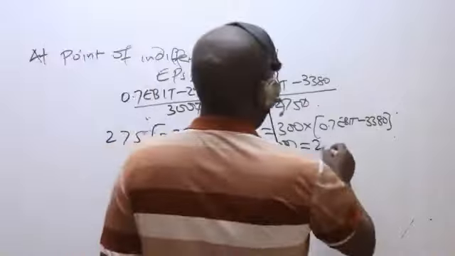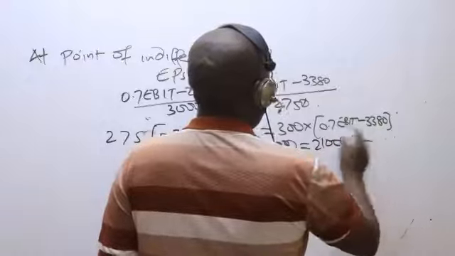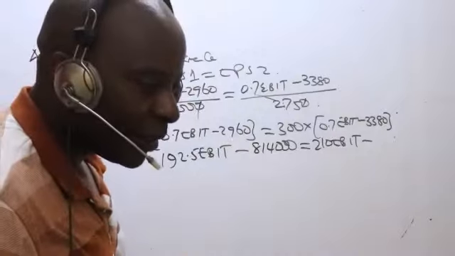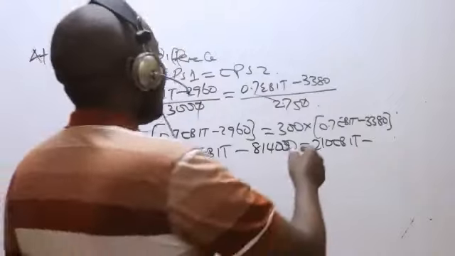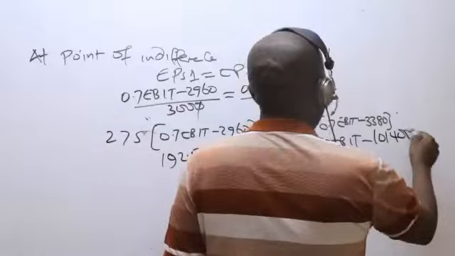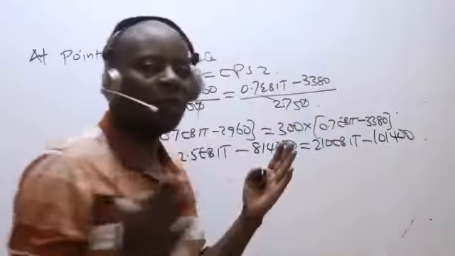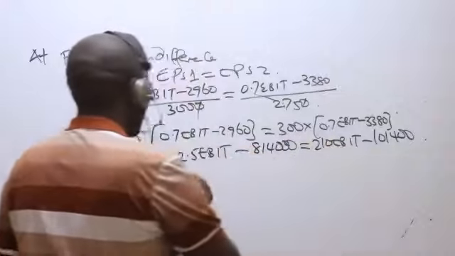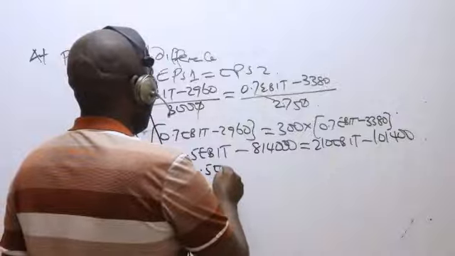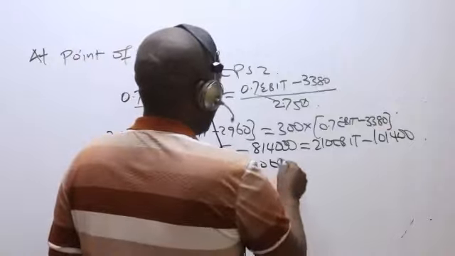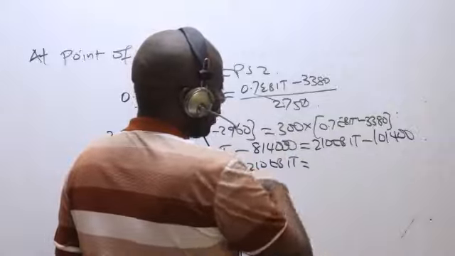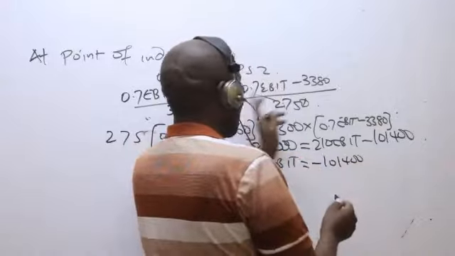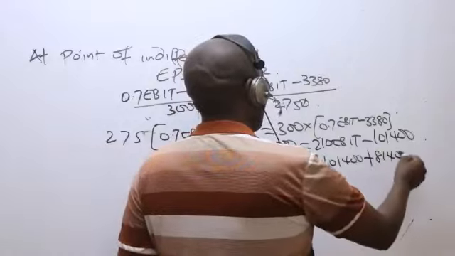So 210 EBIT. And then lastly, we have 300 times this bad figure, 1,014,000. Now put those terms that love each other together, the EBIT terms: 192.5 EBIT minus 210 EBIT equals minus 1,014,000. The term crossing over changes sign, becoming plus 814,000.